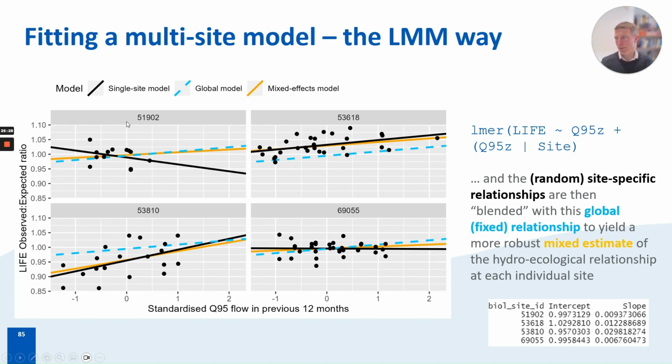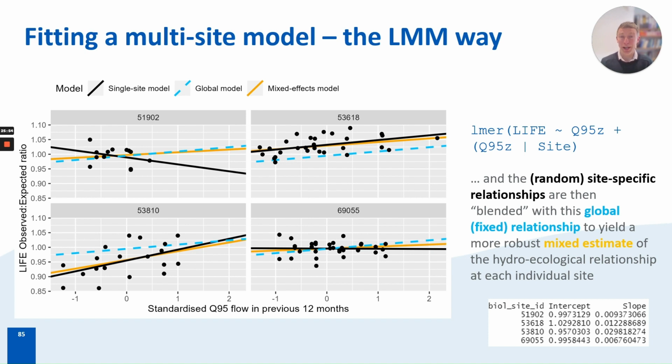But for the 4th site in the top left-hand corner here, where we have relatively few samples and therefore a lot of uncertainty about what the site-specific relationship is, there, the orange line is much closer to the global relationship. Because there's not much sample data for that site, the mixed effects estimate isn't heavily influenced by the data for that site, and so it stays close to the global relationship.